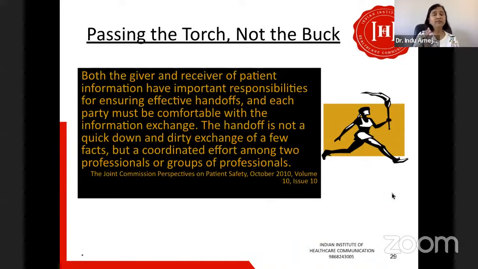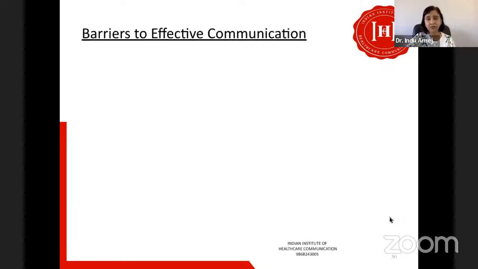So handing over is passing the torch and not the buck. I think this is one thing that the staff should understand, that we are handing over the patient to make sure that the patient gets continuous care without any mishap or any confusion.